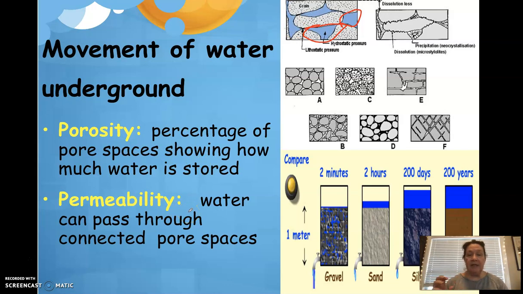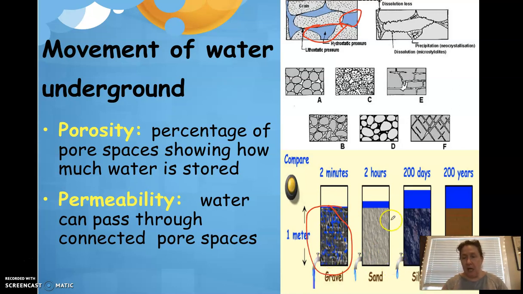Permeability is the ability for water to pass through those connecting spaces. So when we look at this graph down below, you can see that if I load a bunch of gravel in this particular area, it's going to run through real quick. Within 2 minutes, you're going to get water to pass through that 1 meter level of gravel.